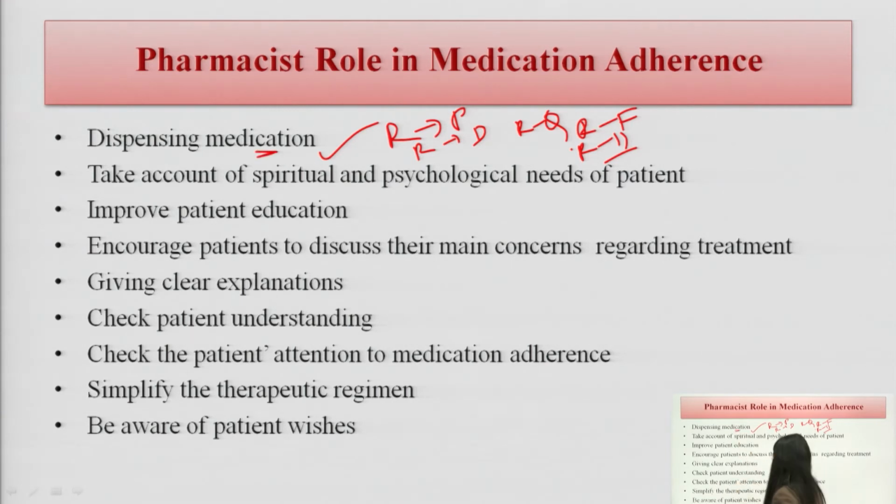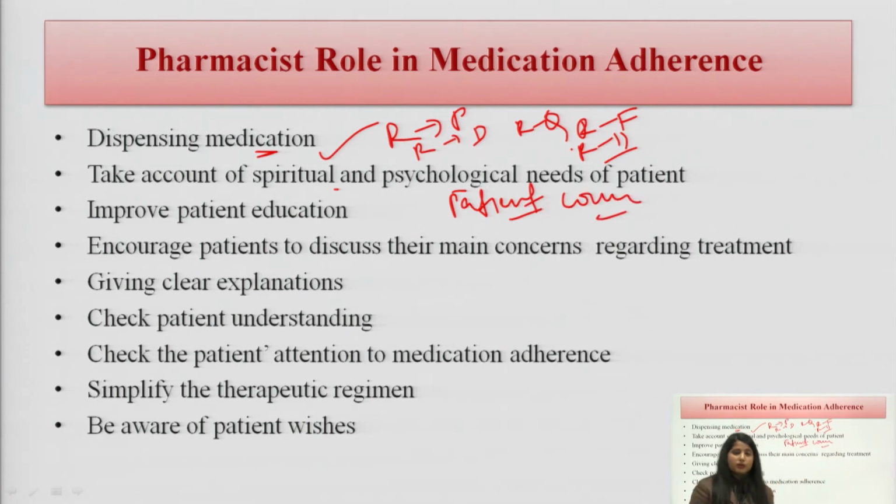As a pharmacist, take account of the spiritual and psychological needs of the patient. We have to know the beliefs of the patient. If the patient has a negative attitude towards the medication, what we can do is give the patient counseling, so that the patient is aware of why it is important to take the medication.